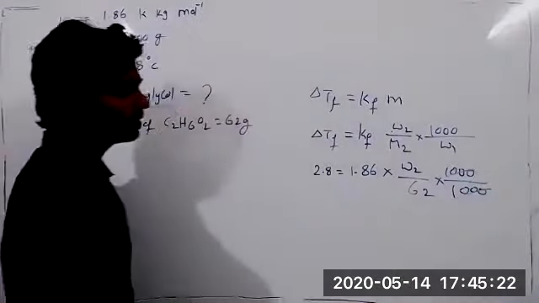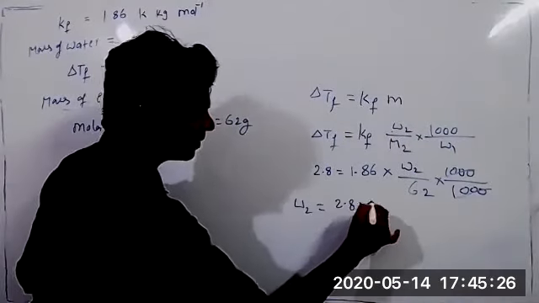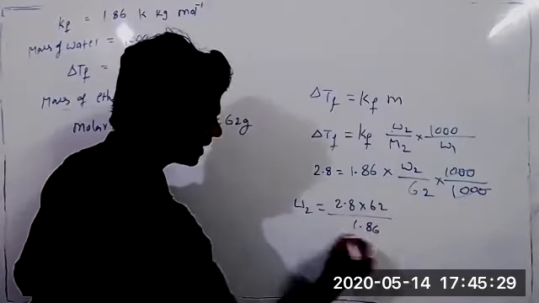So this is cancelled. W2 is equal to 2.8 into 62 divided by 1.86. Calculate this value.